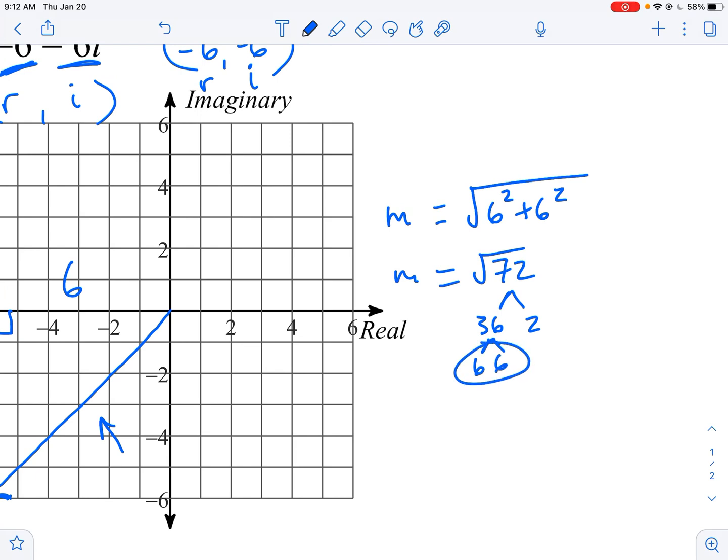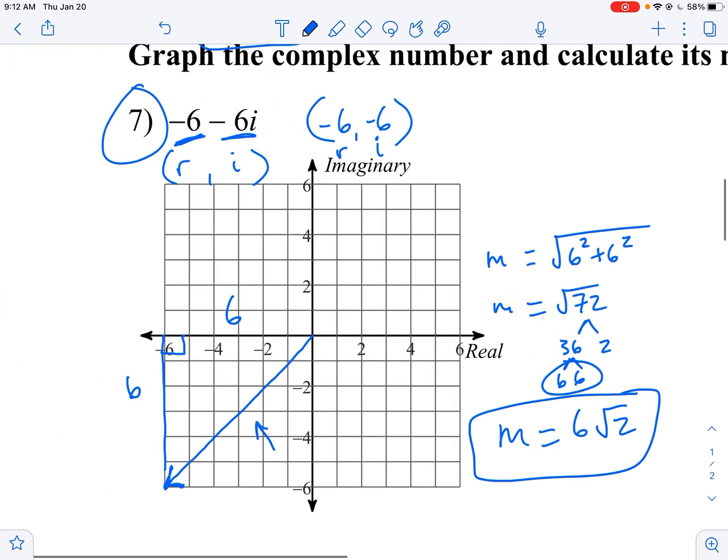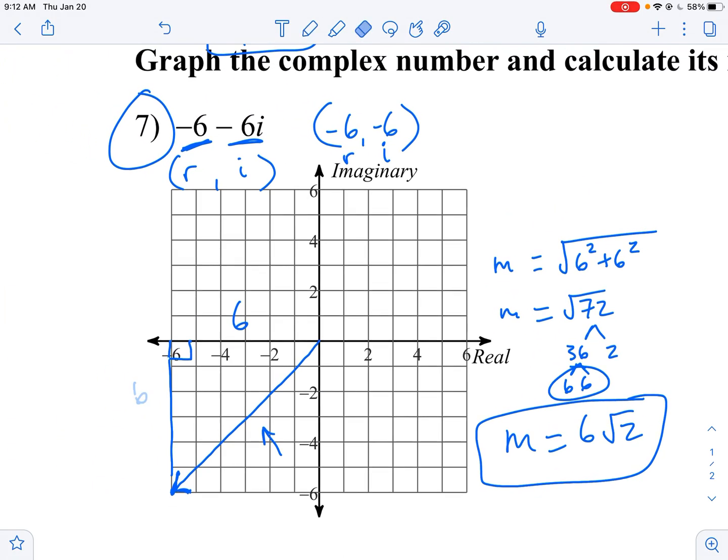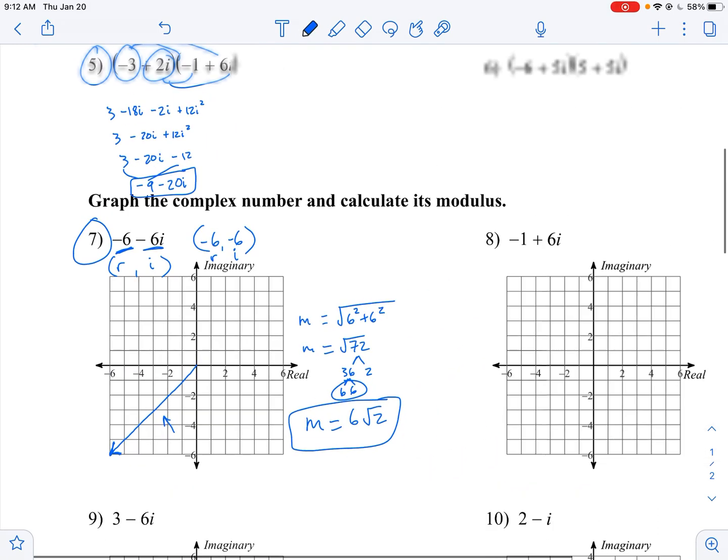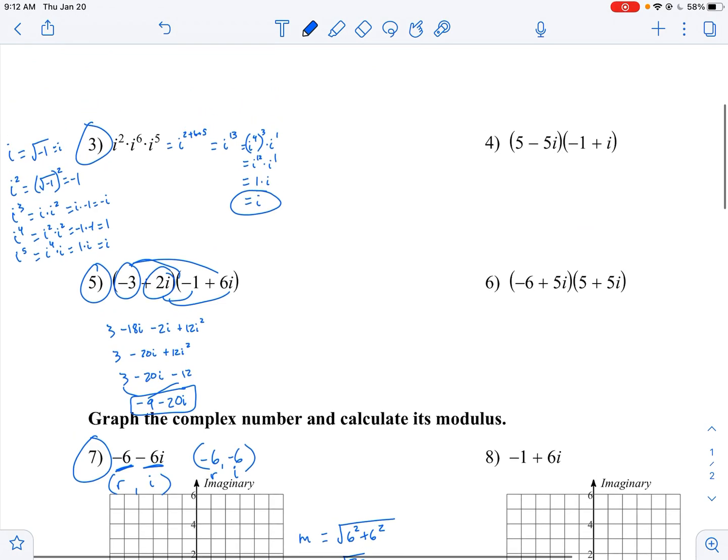So you got a pair of 6's, and so our modulus is going to be 6 root 2. And ta-da, we got it. We graphed it over here on our left side, and its modulus is 6 root 2. So there's your review of complex number things.